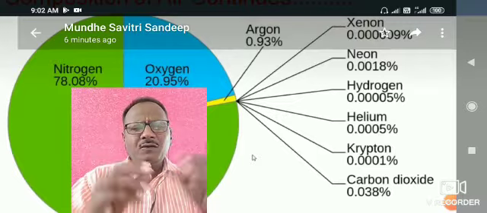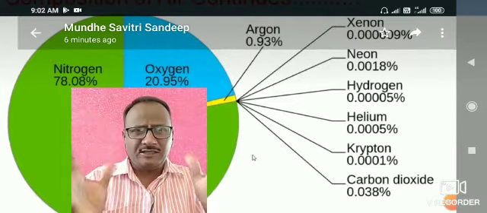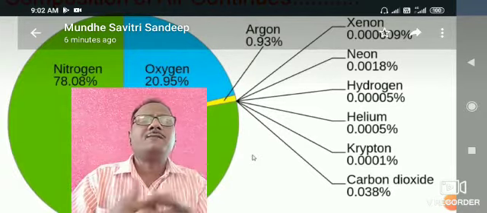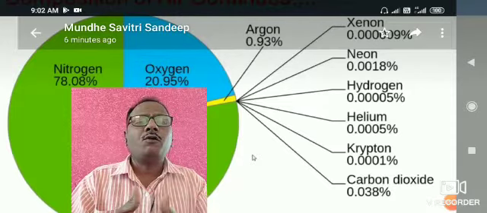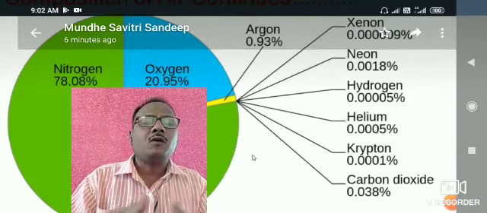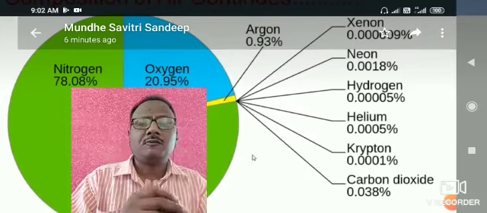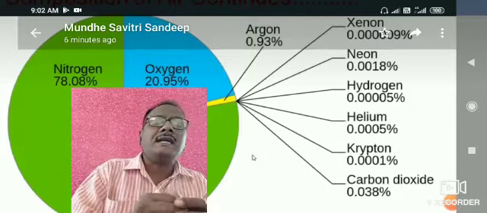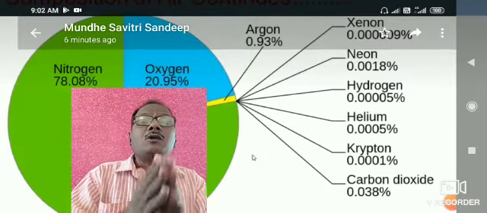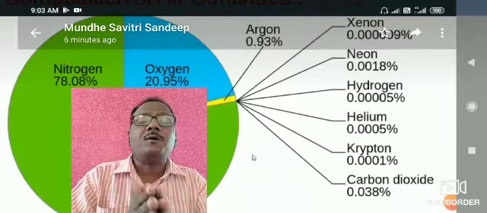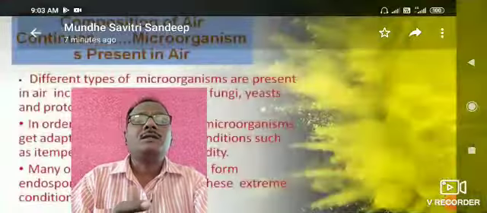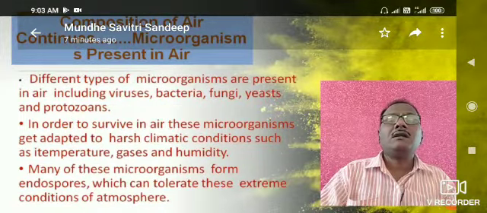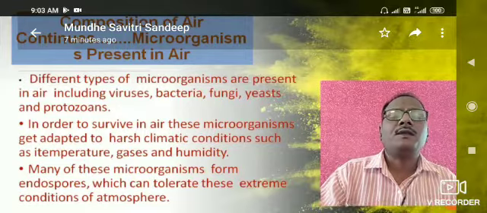After that, very small concentrations of other gases are present, for example argon, xenon, neon, hydrogen, helium, krypton, and carbon dioxide, which is 0.038%. These are the different concentrations of gaseous compounds present in the air.